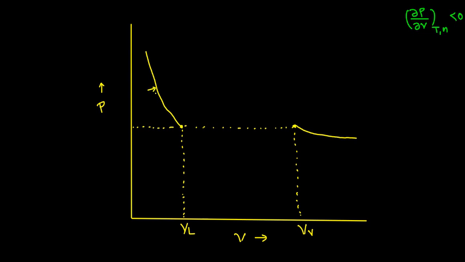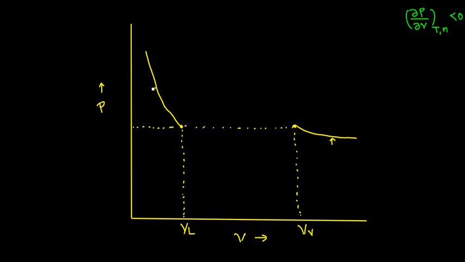The slope of liquid is larger than the slope of the vapor, and this is quite obvious. The change in volume with change in pressure for a liquid system is very small compared to the change in volume with change in pressure of the vapor. That's why these two slopes will be different.